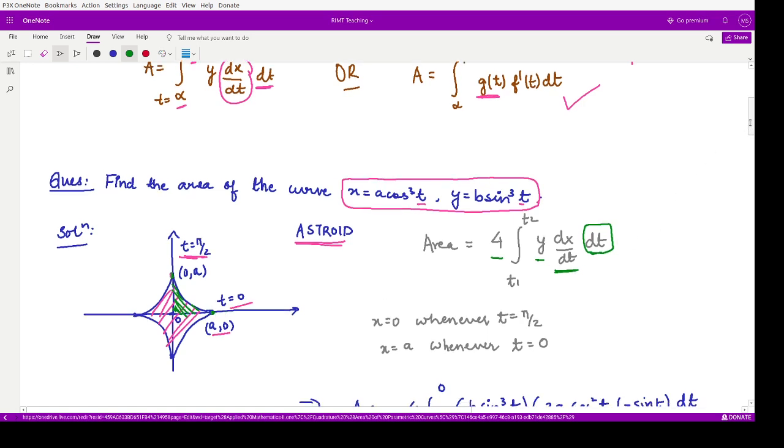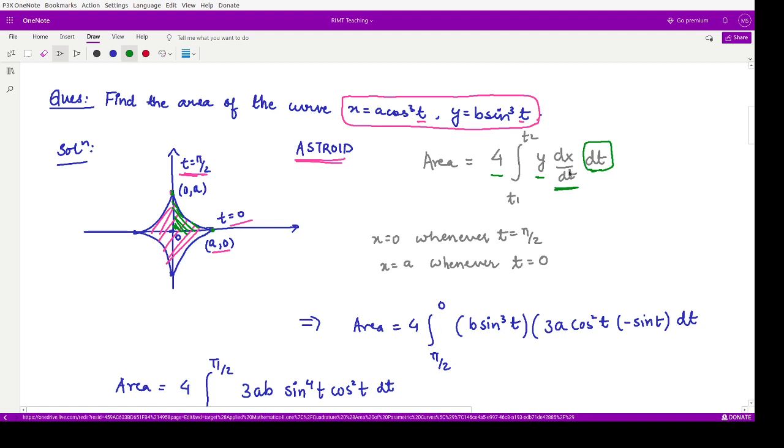So that means we would have the area as the value of y, which is b sin cube t, and the derivative of x. x is given to be a cos cube t, so dx by dt would be equal to a times the derivative of cos cube t, which is 3 cos square t, and then the derivative of cos t, which is minus sin t.